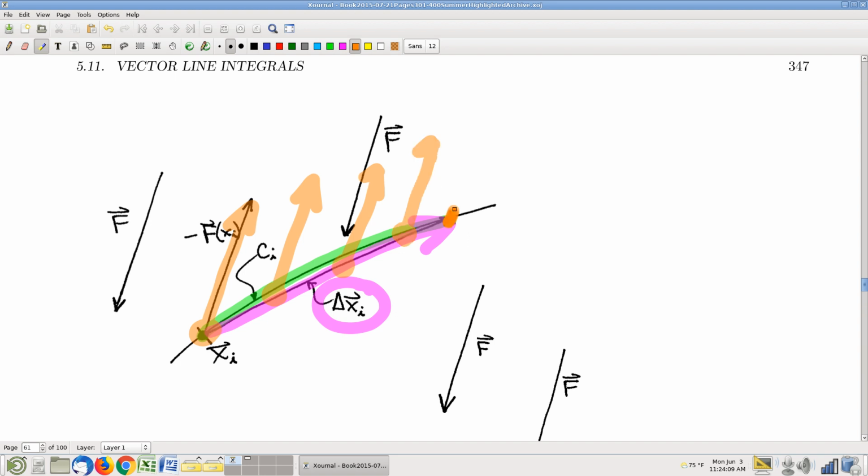Not exactly, but in the limit, round-off errors go away. So that's the big idea.